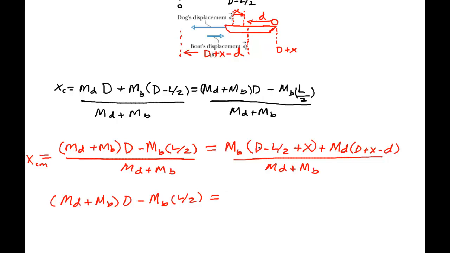Over here I have an MBD and an MDD. So that would be MB plus MD, the dog, times big D. I have a minus MBL over 2.